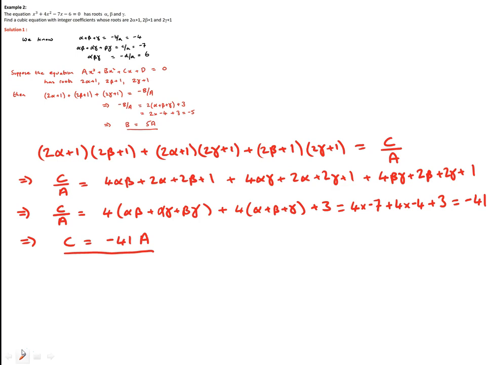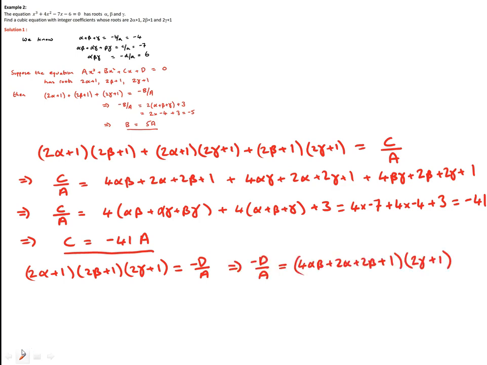Finally, we know that the first root times the second root times the third root must equal minus d upon a. So we've got (2 alpha plus 1)(2 beta plus 1)(2 gamma plus 1) must equal minus d upon a. We already know that (2 alpha plus 1)(2 beta plus 1) is 4 alpha beta plus 2 alpha plus 2 beta plus 1.